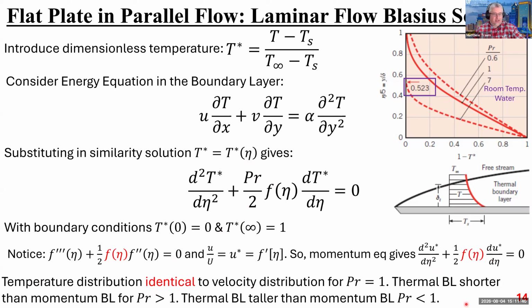And so if you're ever in a situation where you need to do just a quick back of the envelope calculation and you know what's going on in a boundary layer velocity field, you can always just say, look, if the working fluid is air or some gas, I'm just going to guess that the Prandtl number is pretty darn close to 1, and I'm just going to take the velocity field solution and I'm going to apply that to the thermal boundary layer. That is oftentimes good enough for a back of the envelope calculation.